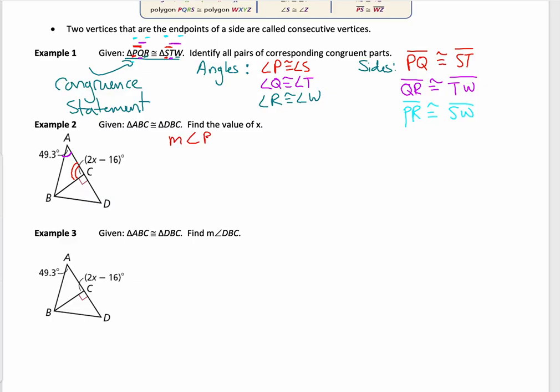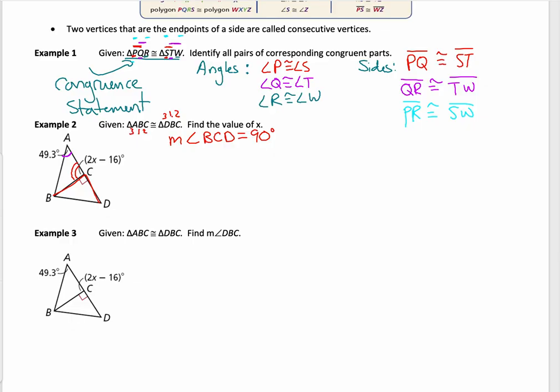angle BCD. So I'm looking at that here. That's BCD. That's this angle. That's 90 degrees, right? But because of the congruence statement, angle BCD, I'm looking here, BC, I can kind of count 1, 2, 3, right? BCD corresponds with BCA, right?